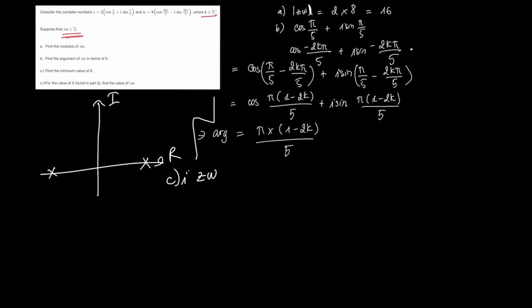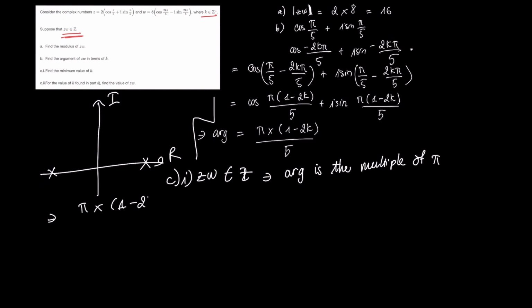So from here we can write down, since z and w are natural numbers, the argument is a multiple of pi. And we write down what the argument is.